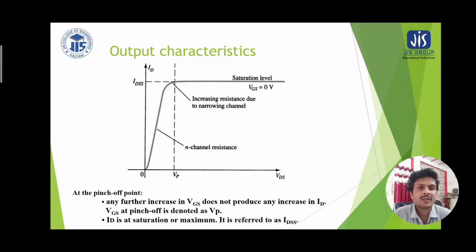Therefore it is obvious that the more the drain to source voltage, the more current we get, and at a certain point, when the pinch off voltage comes, it fixes the width of the channel, or it limits the amount of charge carrier flow through the channel.